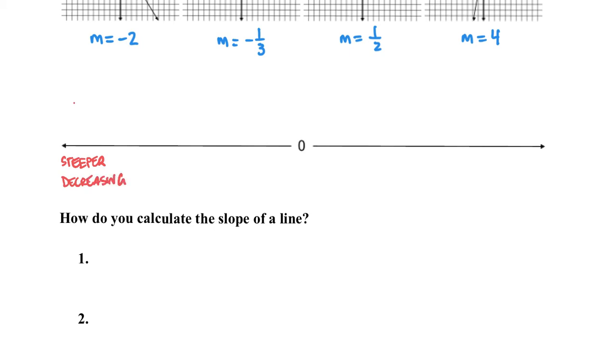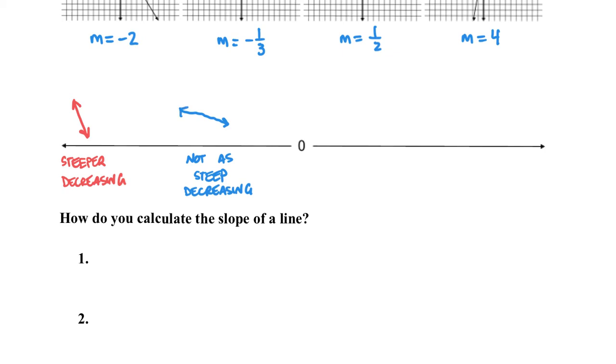So a picture of that might look something like this, very steep. In the middle, we have not as steep, but still decreasing. So that might be something like this.